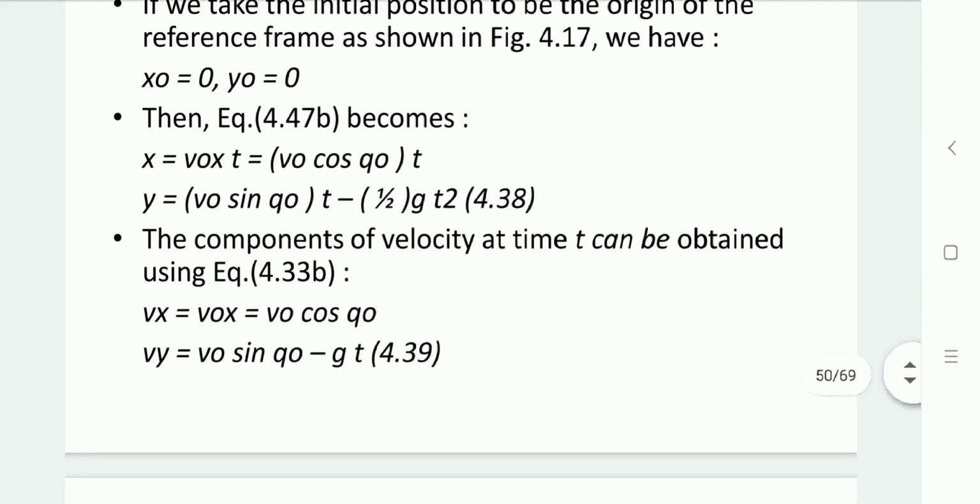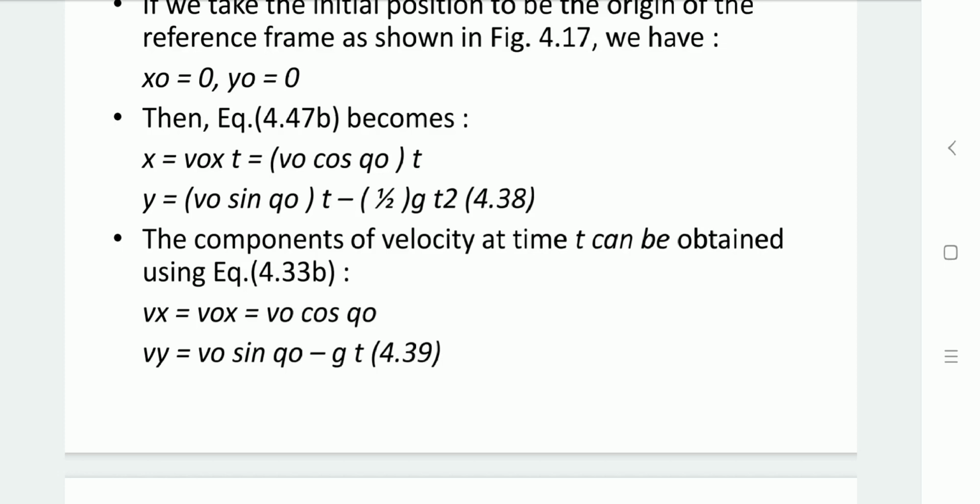The velocity components at a particular time t can be obtained as vx equals v0x, because there is no acceleration in the x direction during free fall. So only the initial component is included in the x direction, that is v0 cos theta 0.